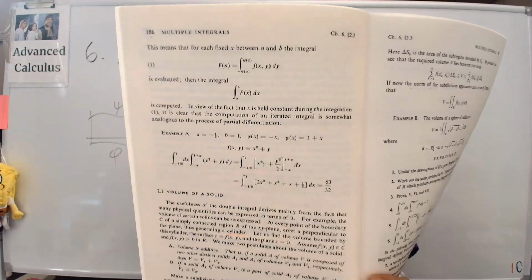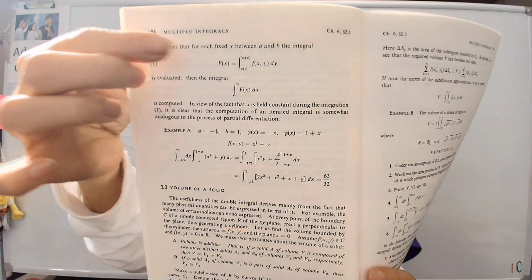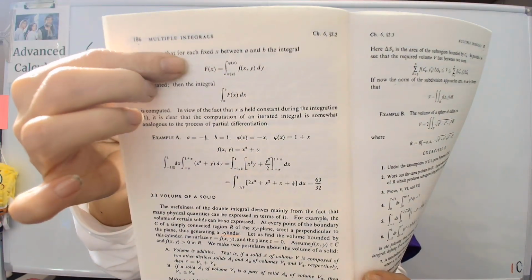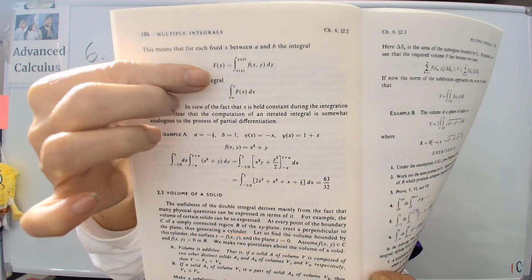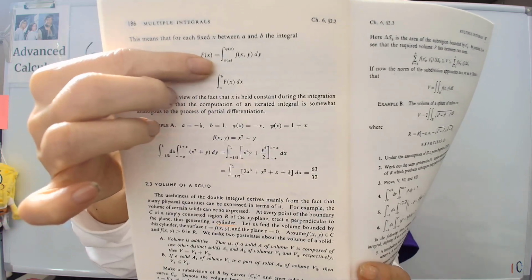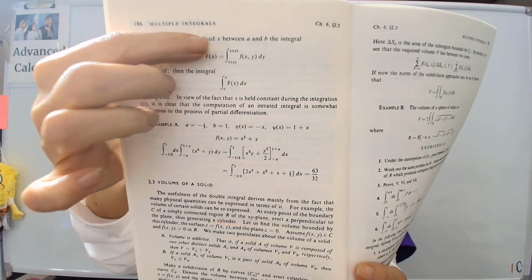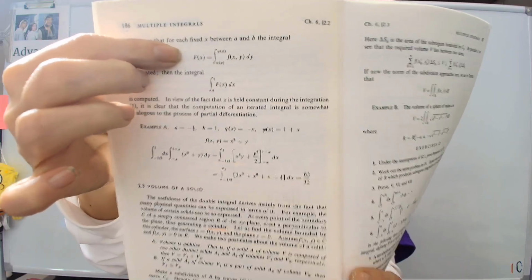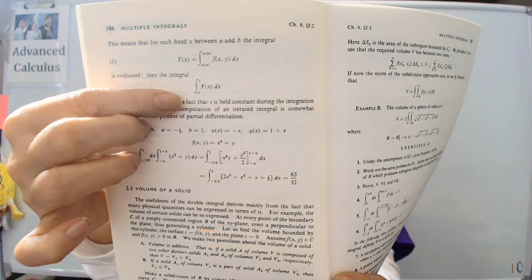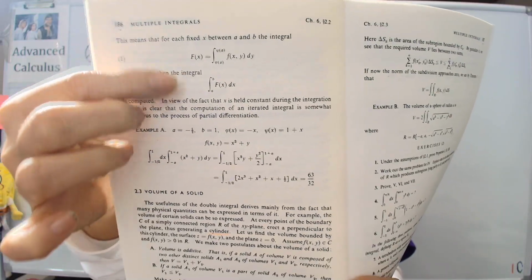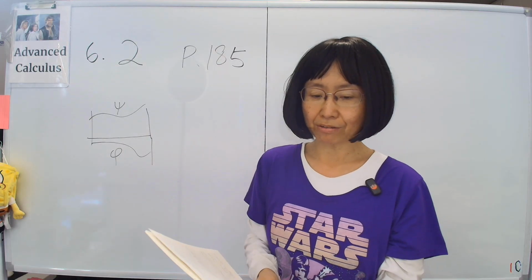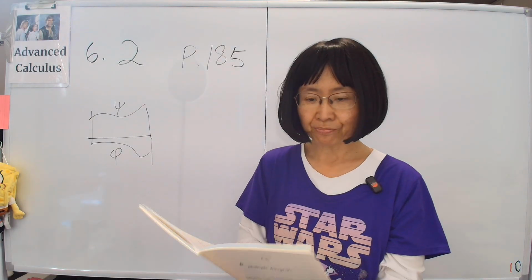Big F is defined as a function of x when you pretend that x is a constant, with these functions as the upper and lower limits, and take the integral with respect to y. That gives you a function of x. Then you integrate this function from a to b. That's how the iterated integral is understood and computed.